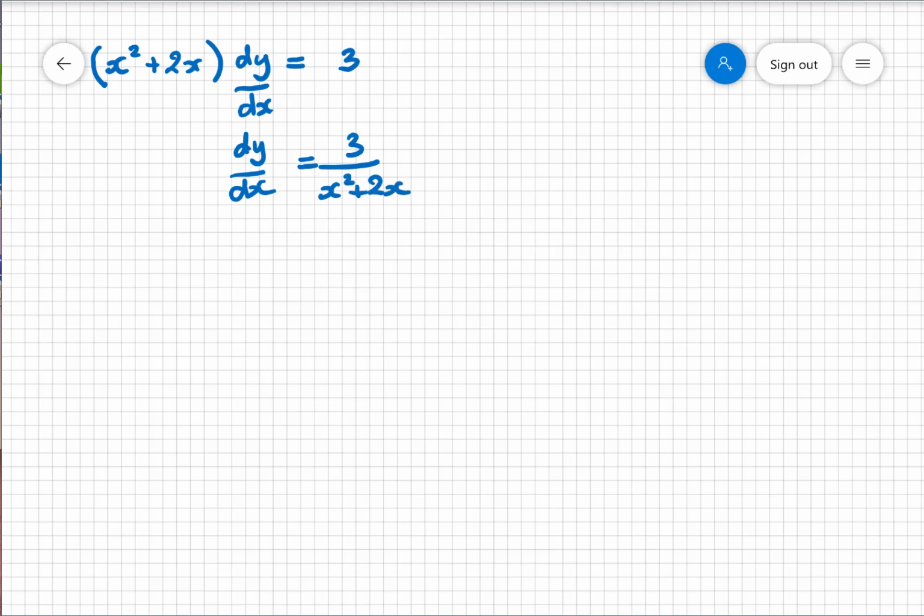We can factorise the denominator to give us 3 over x brackets x plus 2, and then we can further split that into two partial fractions, a over x plus b over x plus 2. You might like to pause the video at this point and go away and see if you can find out the two values for a and for b.